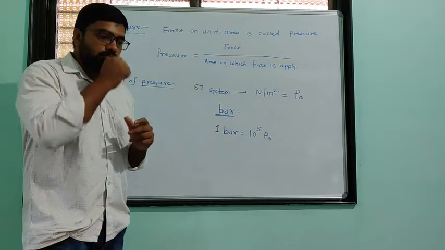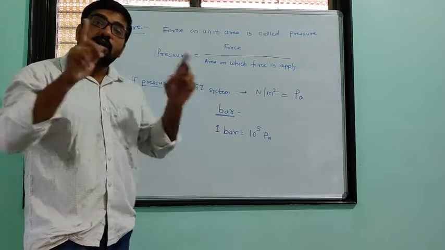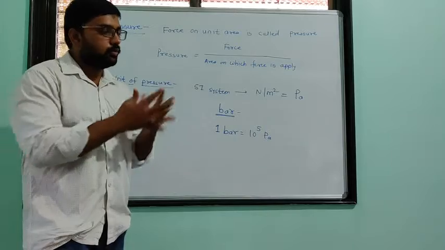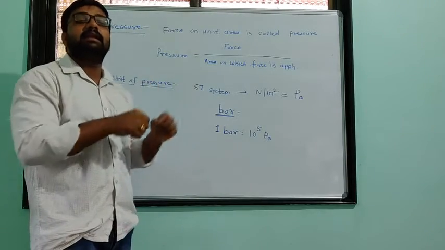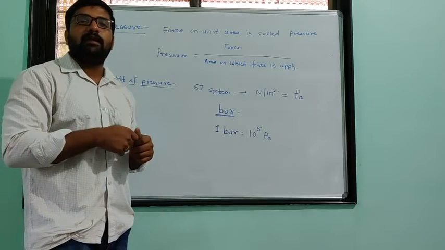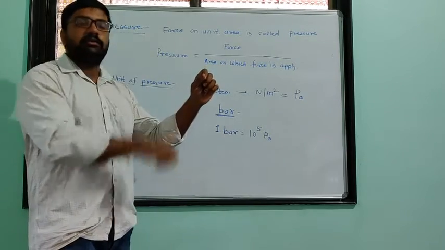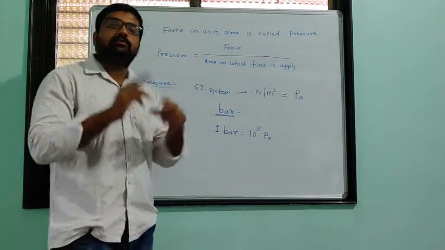Now consider another example. We have to insert a nail in a wooden board. Suppose a wooden block is here and we have to insert a nail in that board. For that we take a hammer and hammer on the nail. If you see a nail, it has two sides.